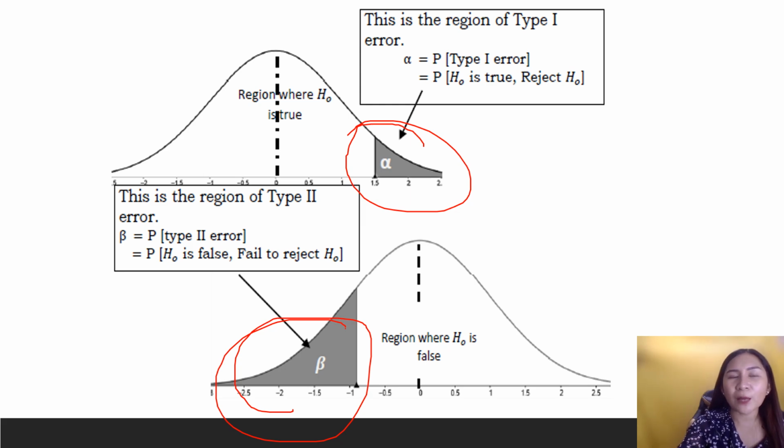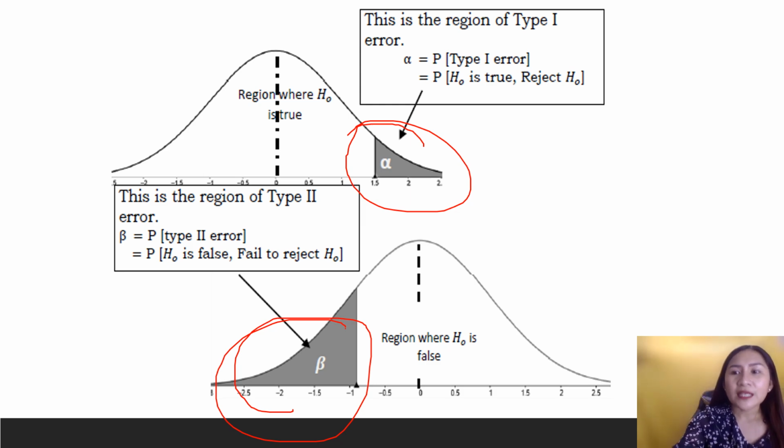The type 1 and type 2 errors affect statistical power because they are inversely related to one another. The type 1 and type 2 error rates are connected. This means there's an important trade-off between the two types of error. Now, setting a lower significance level decreases the type 1 error risk, but increases the type 2 error risk.